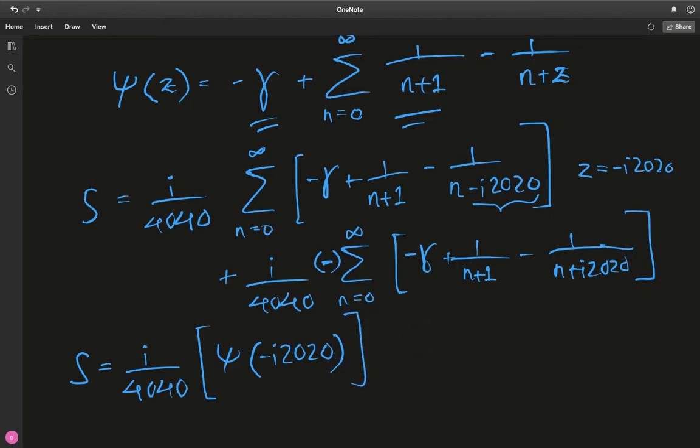Okay, and then we can take the negative outside. So we have negative i over 4040 times, what's our z here? z is over here in this case, i times 2020, just the positive branch. So this can be written as the digamma of i times 2020.